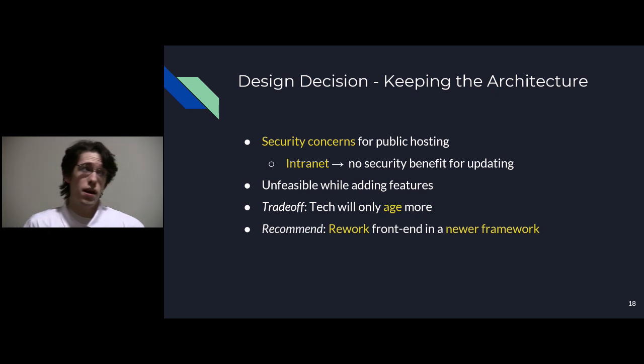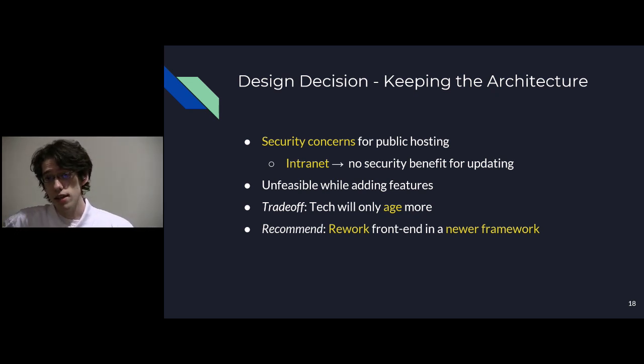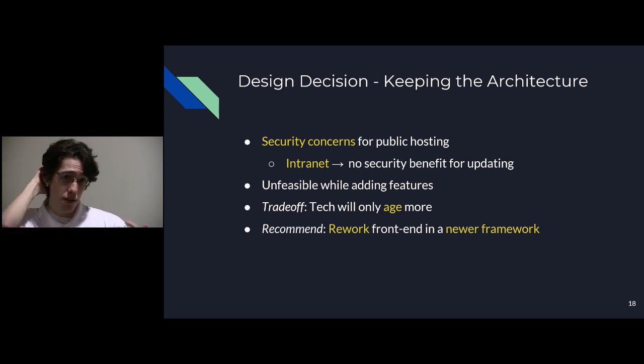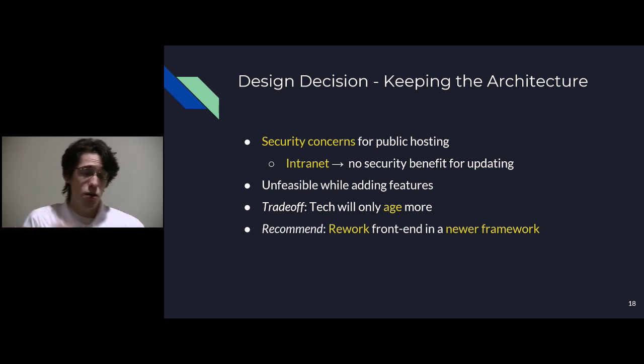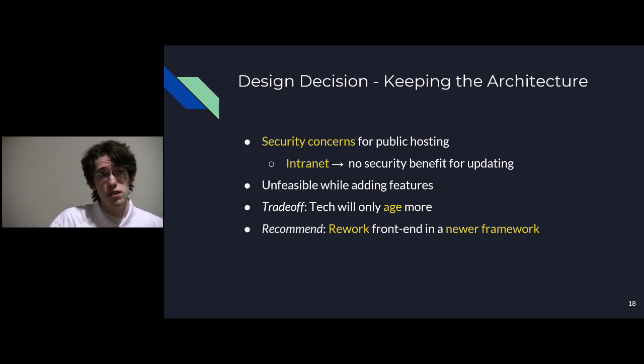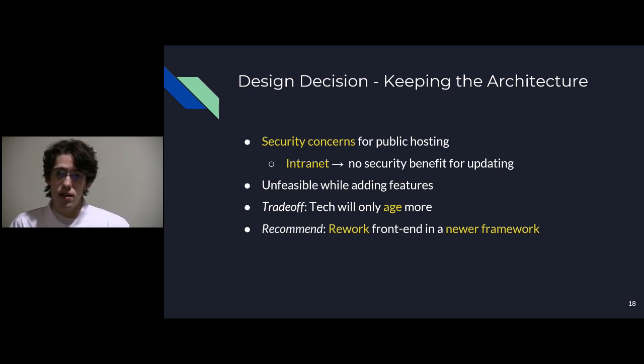Of course, the biggest trade-off of deciding not to update the architecture is that the technology, since it is already currently a little bit old, will only age more as time goes on. And so we recommend that any future teams that might undertake this project update the front end, specifically the front end, and port it to a newer, more stable framework.